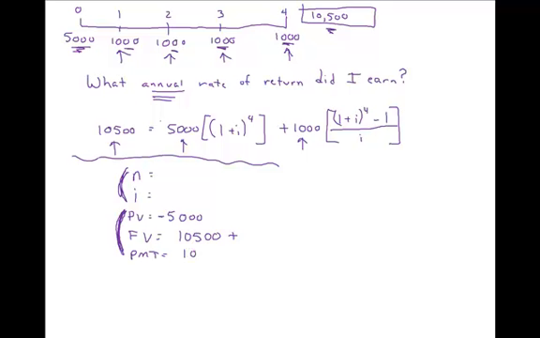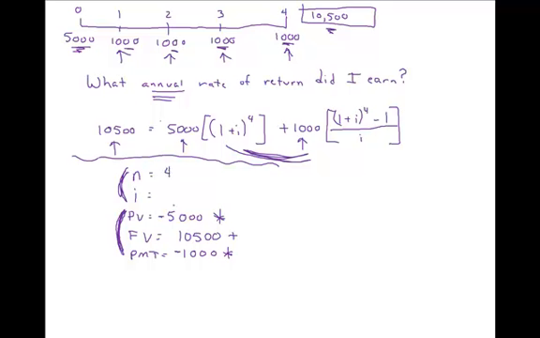And then the 1,000 is an amount that I contributed, so it needs to be an outflow as well. So essentially, the two with the asterisks are the two that went on the right-hand side of the equal sign, and the 10,500 went on the left-hand side of the equal sign. So I'm grouping my cash flows by whether I'm making them or receiving them.